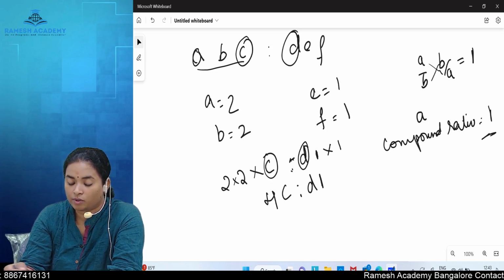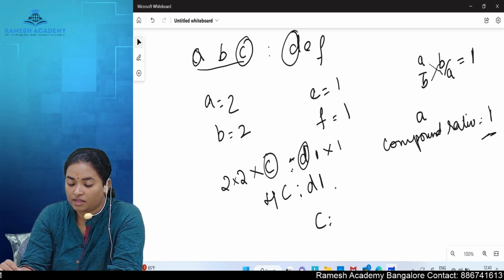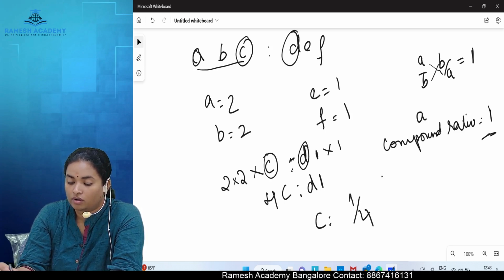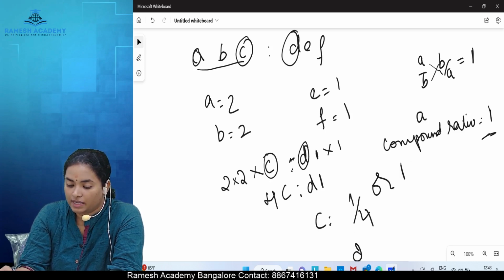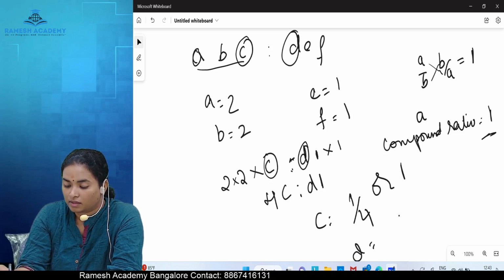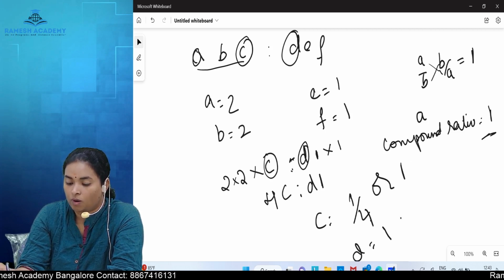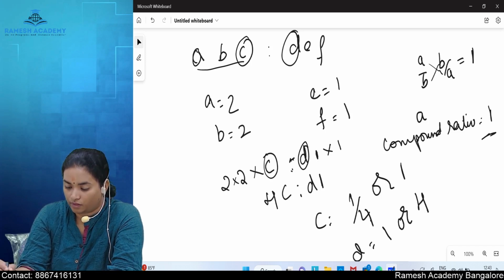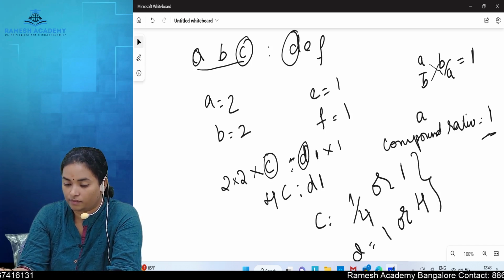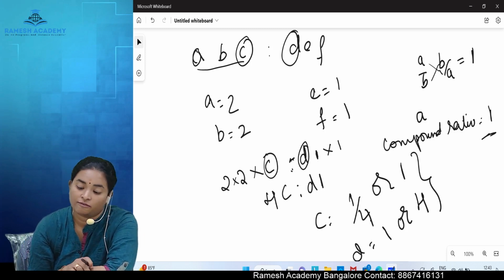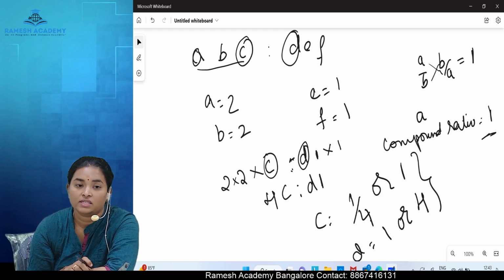So what can I do? C can be 1 by 4 or 1. D can be, if C is 1 by 4, then D is 1, or if C is 1, then D is 4.